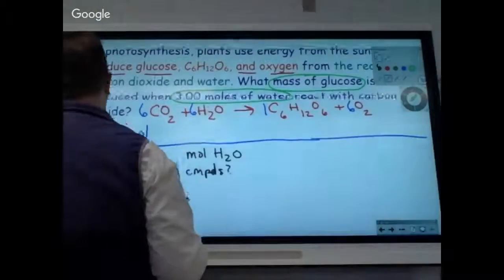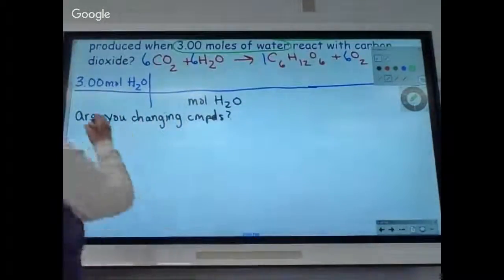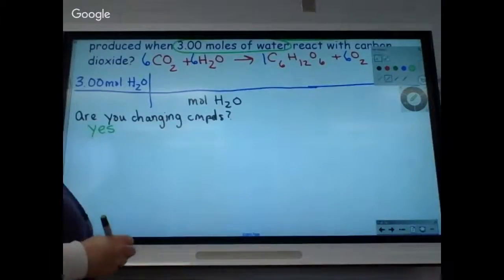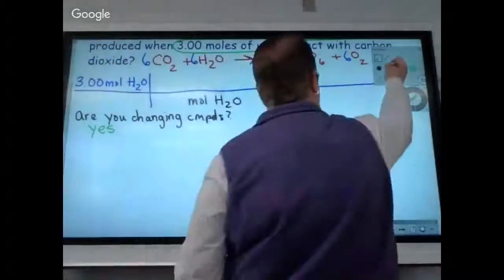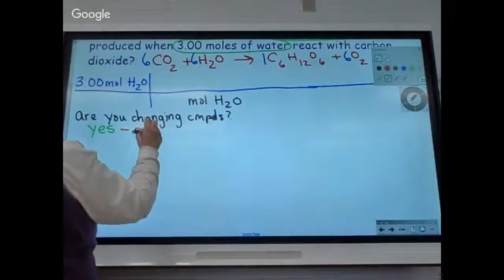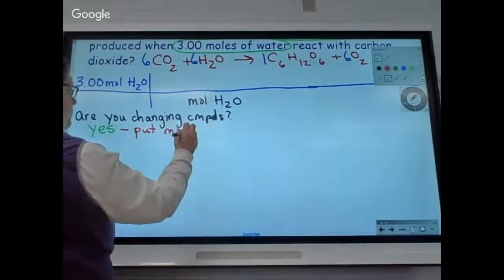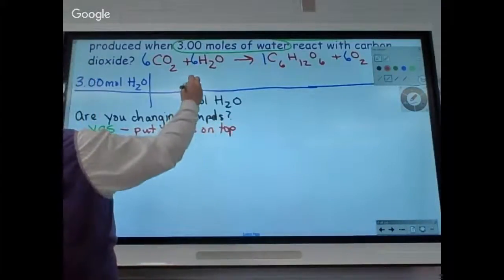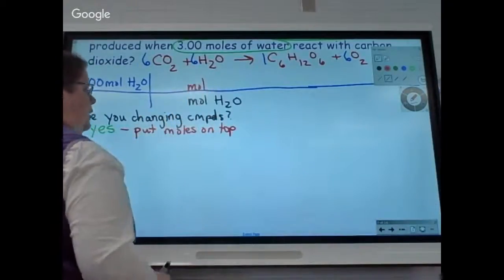So the answer to this is yes. I'm writing in green too. Okay? That's fabulous. All right? So if the answer is yes, put moles on top. So we're putting moles up here.